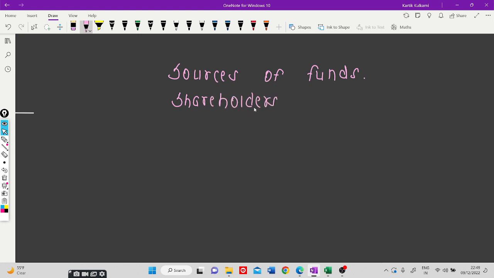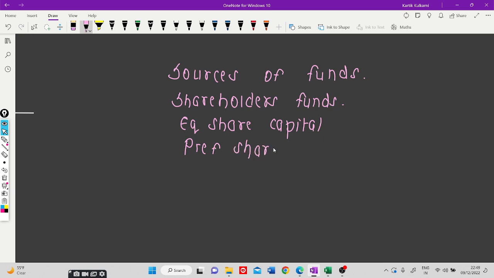As we are expressing the balance sheet in the vertical form, shareholders fund will include equity share capital, preference share capital if any, and from that we will reduce any fictitious assets.